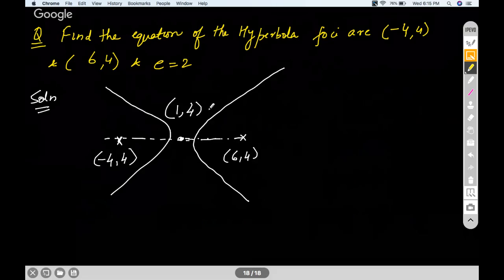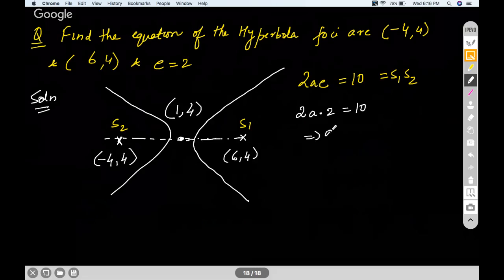Right, now how will I get my A and B? Very simple. The distance between the two foci is 2AE. So it is basically 10 in this case, right? So the distance between S1 and S2 is 2AE. E is given to us as 2.